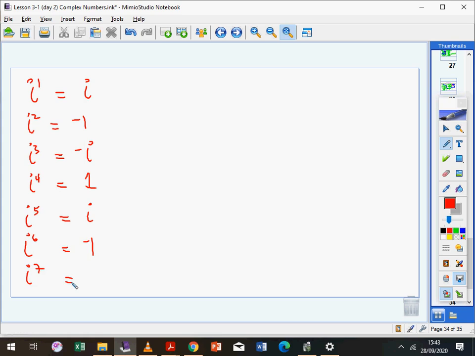Negative i. i to the power of 8, what do you think it's going to be? 1. i to the power of 9, what do you think it's going to be? i. Do you see a pattern? i, negative 1, negative i, 1. i, negative 1, negative i, 1. i.